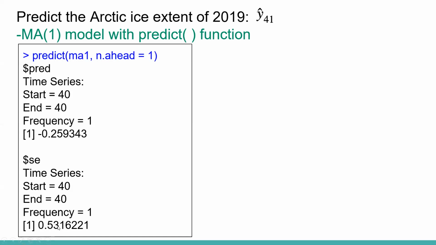We also need a way to investigate the prediction, and that is the reason why the standard error tells us how reliable a prediction is. Because if I predict for so many values ahead, I can also measure prediction error.